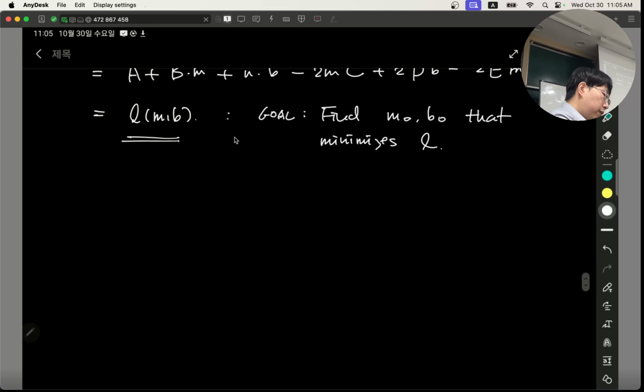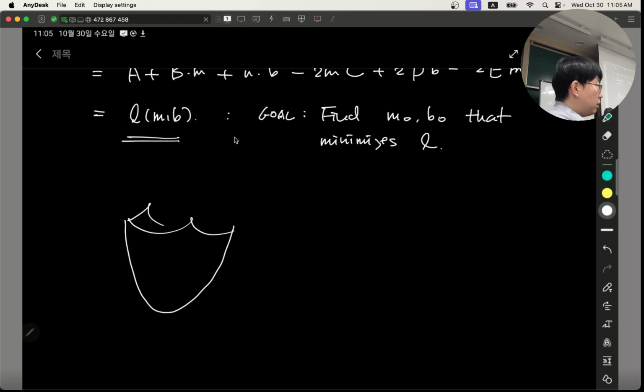We'll explain why next time. When your quadratic equation has a minimum, it always looks like this parabola, concave up.